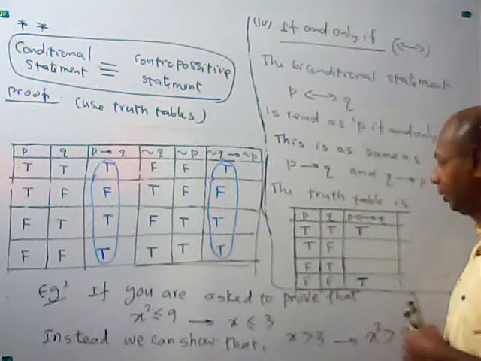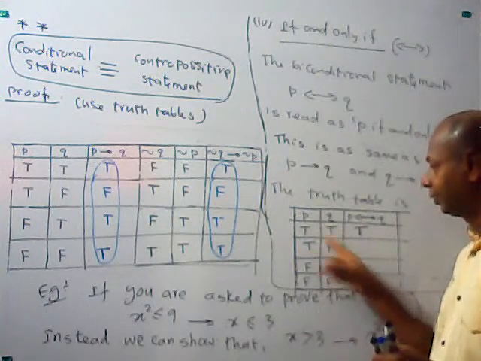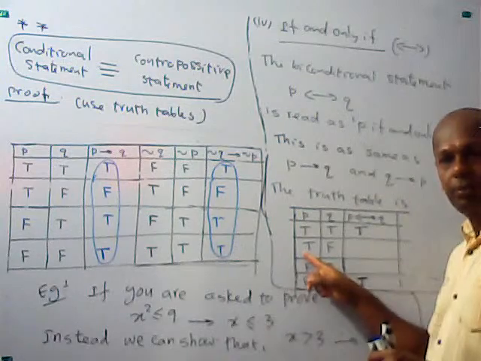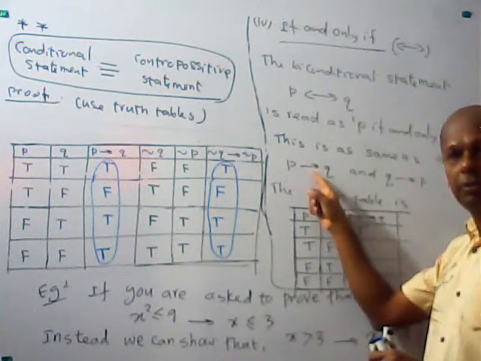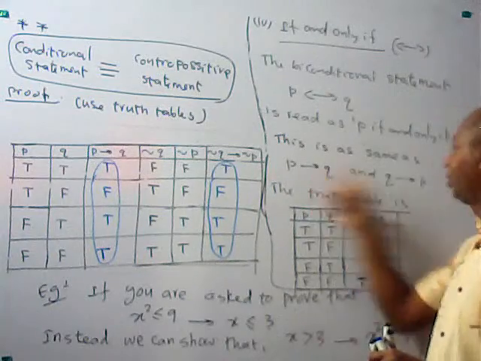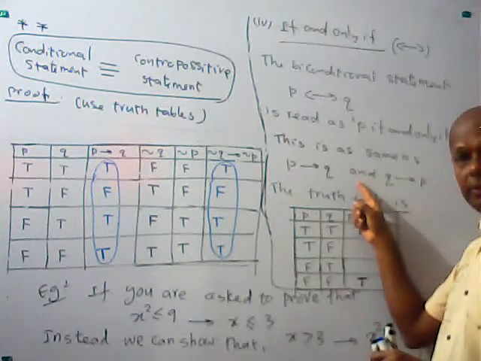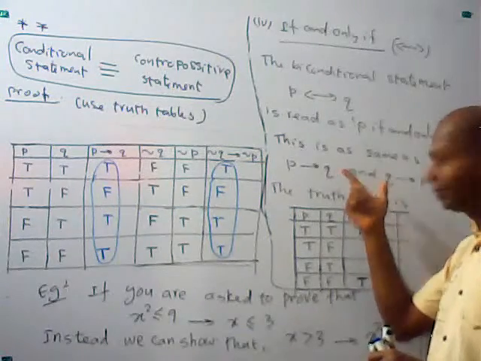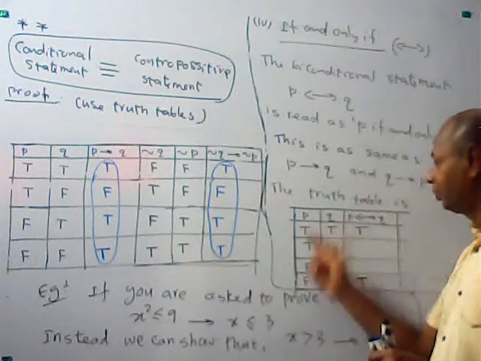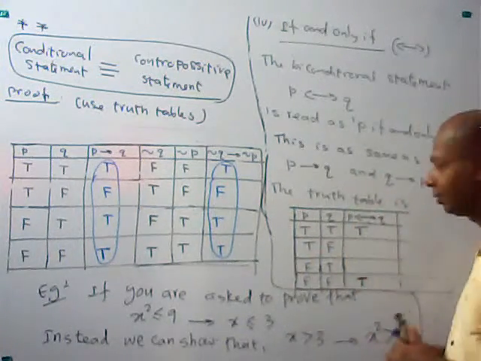Now if you take P true, Q false, that means P implies Q is false. They are connected by AND, so with one false, the whole thing is false.